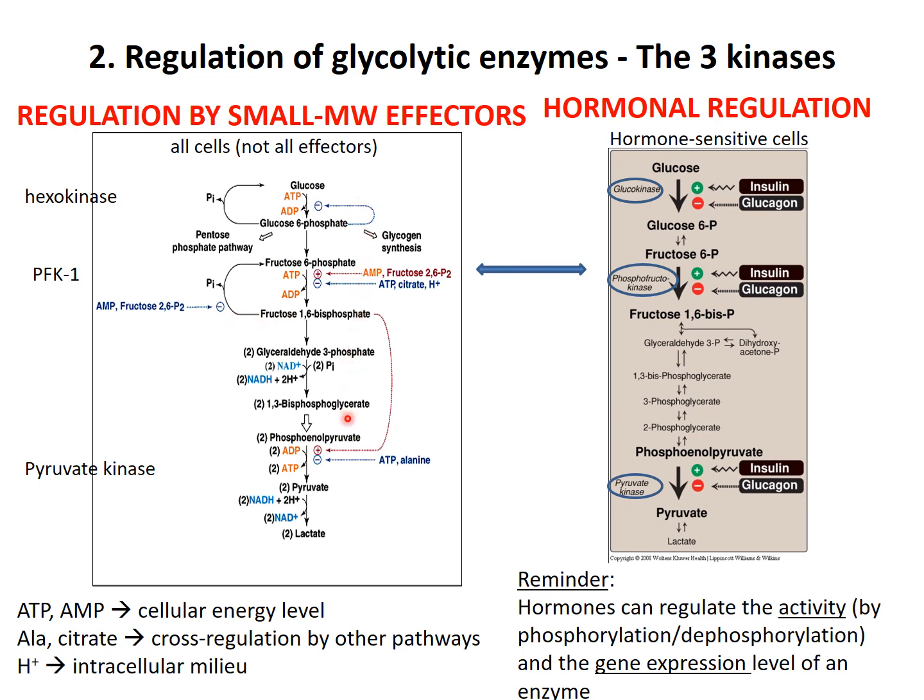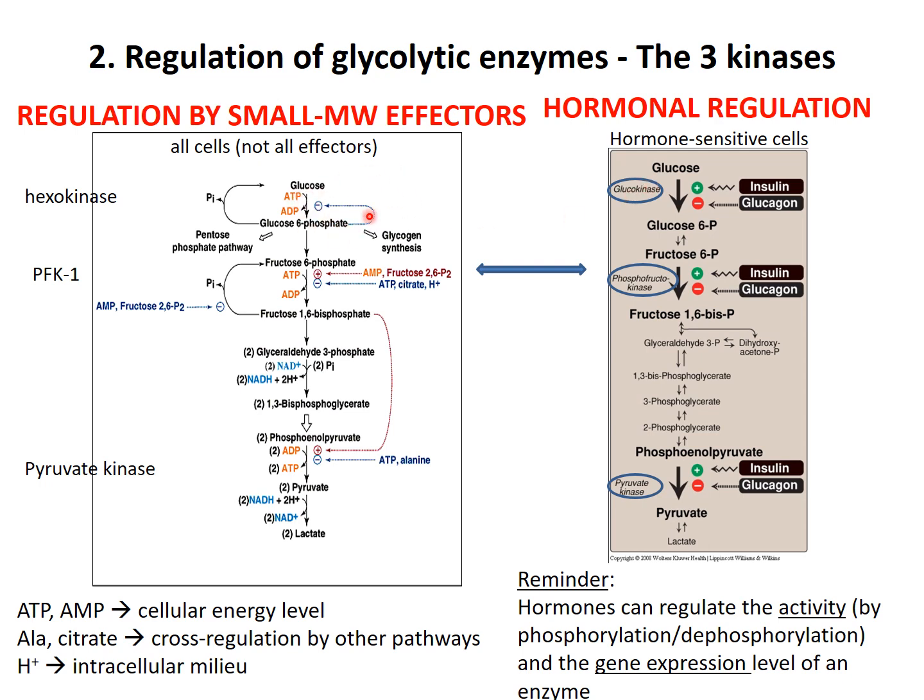This particular figure shows you the small molecular weight regulators, which we also call allosteric regulators, and this figure shows you hormonal regulation. For hexokinase, the small molecular weight regulator is glucose 6-phosphate, and both insulin and glucagon will act on glucokinase, not on hexokinase, but on glucokinase, which is the liver equivalent.